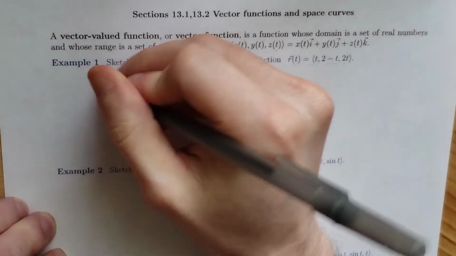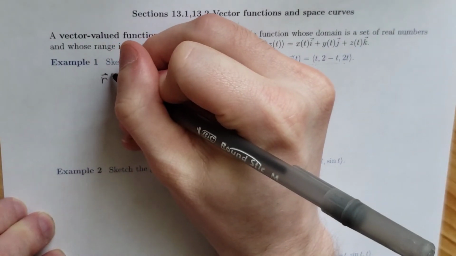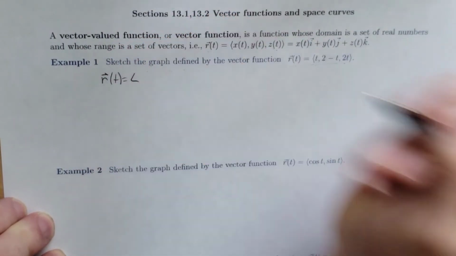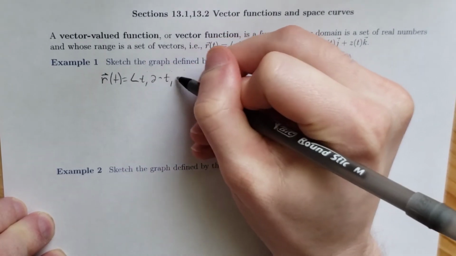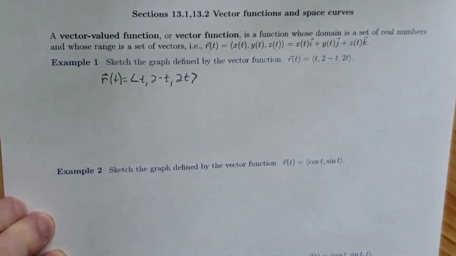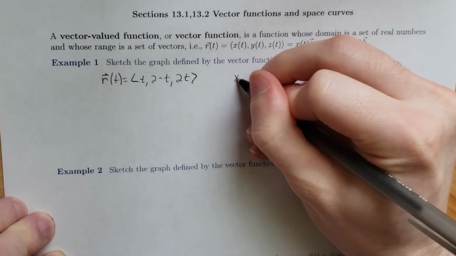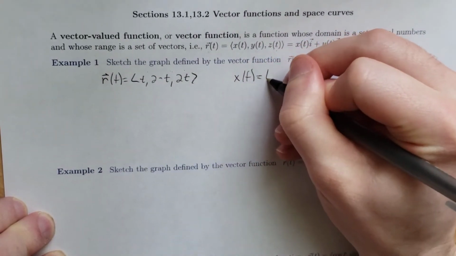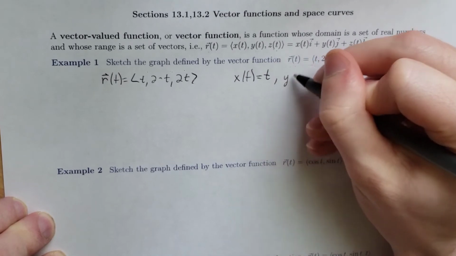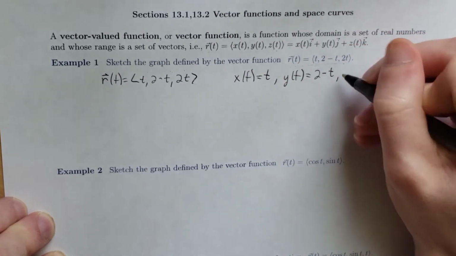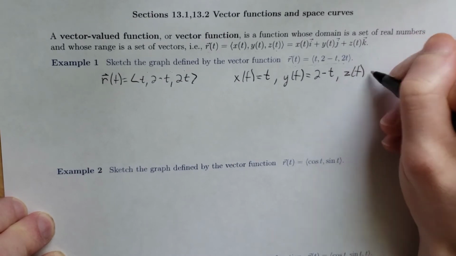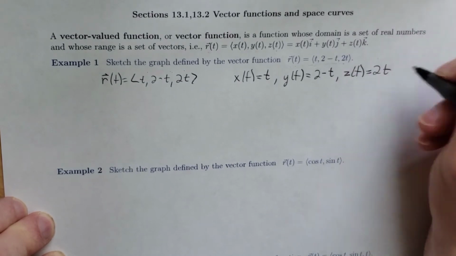So, our vector-valued function r of t is t, 2 minus t, 2t. In other words, x of t is equal to t, y of t is equal to 2 minus t, and z of t is equal to 2t.